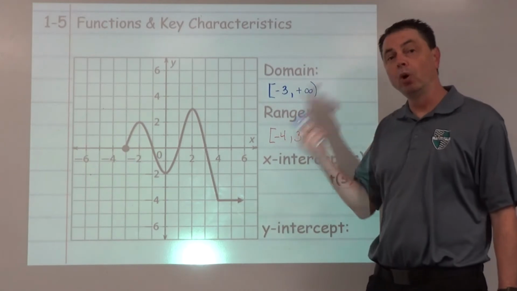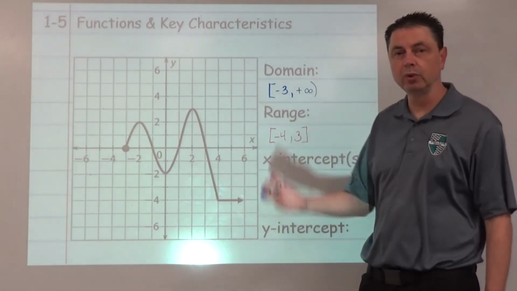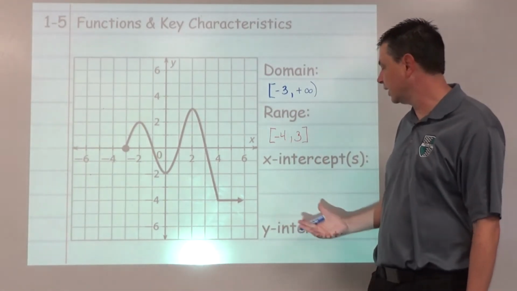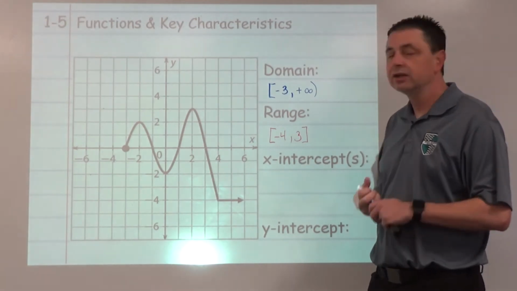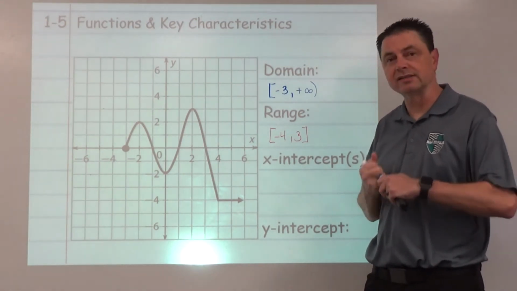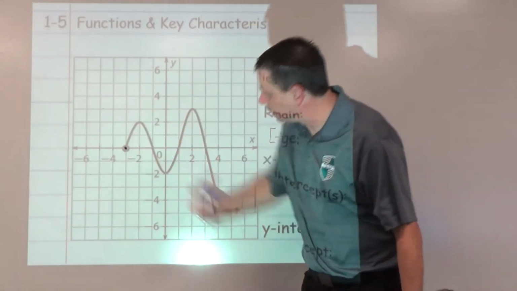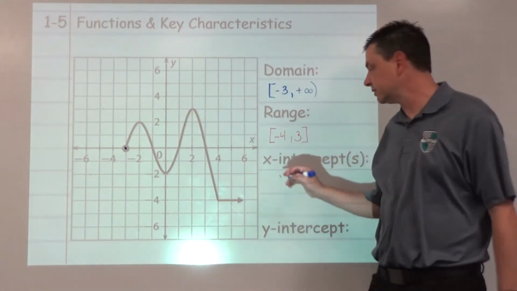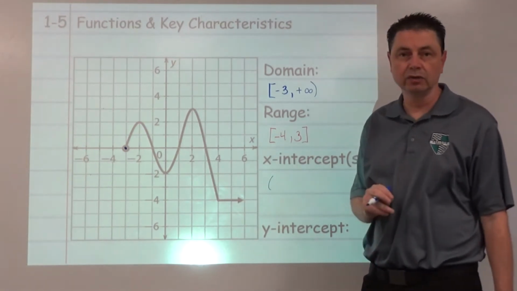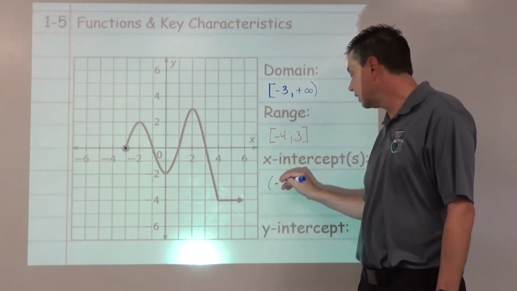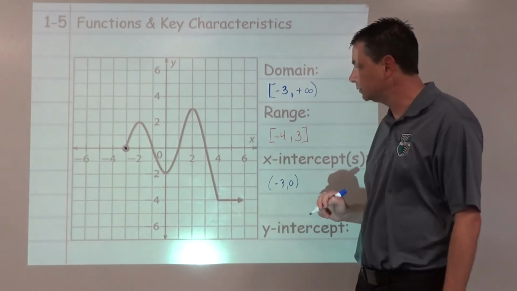X-intercepts are points where our graph touches or crosses the x-axis. So right there we're on the x-axis, and that is, this is not an interval, but a point, -3, 0.